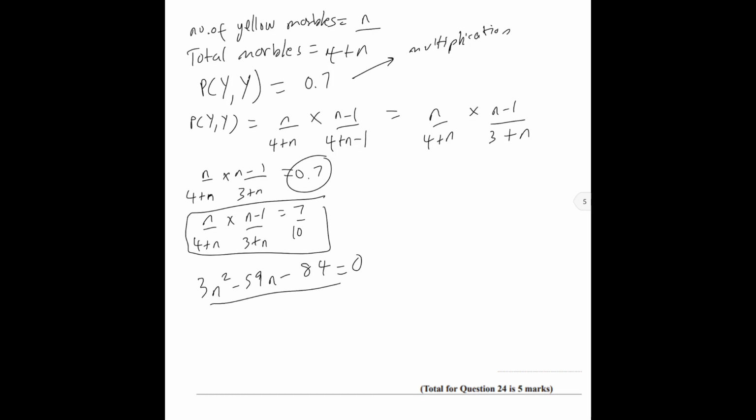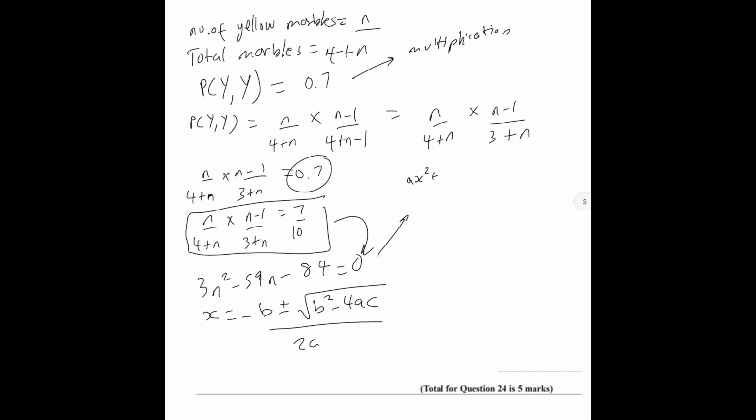Now by looking at this, it's pretty difficult to simplify this quadratic equation. So you could apply the quadratic formula, in this case x equals minus b plus or minus square root of b squared minus 4ac, divided by 2a. This equation is usually given in your math formula sheet in the exam papers, so you just need to understand how to use it.